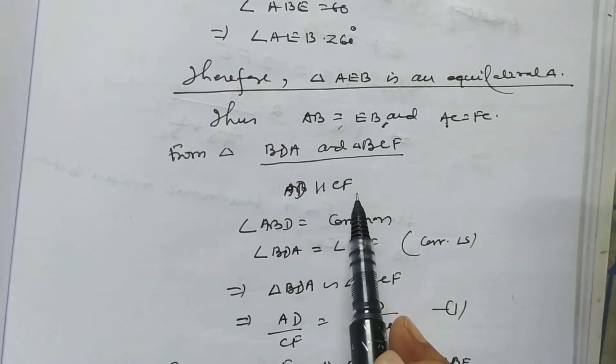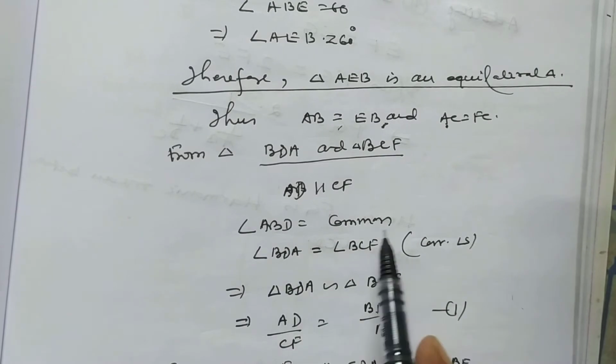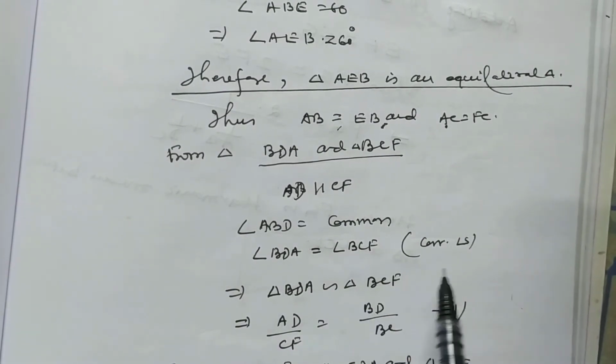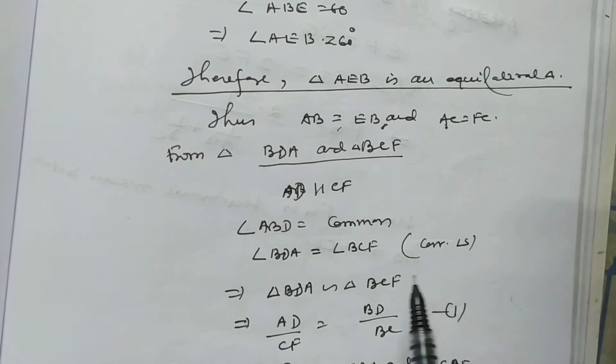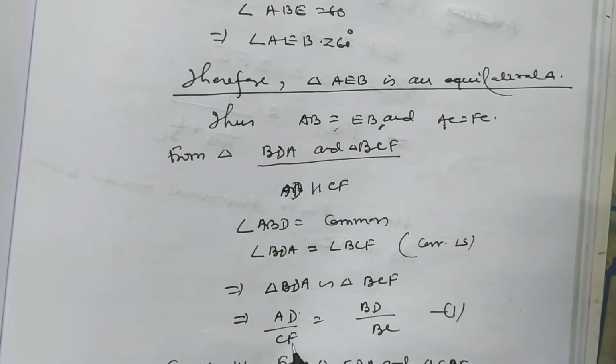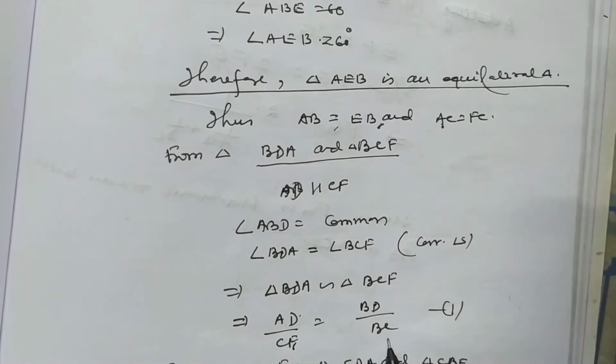AD is parallel to CF and angle ABD is common. Angle BDA is equal to angle BCF, corresponding angles. So these two triangles are similar. And finally we have AD by CF is equal to BD by BC.